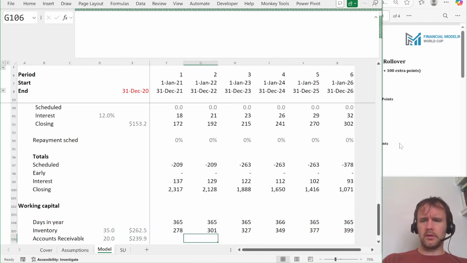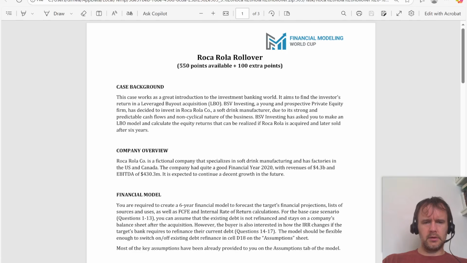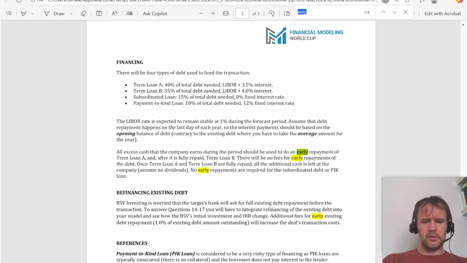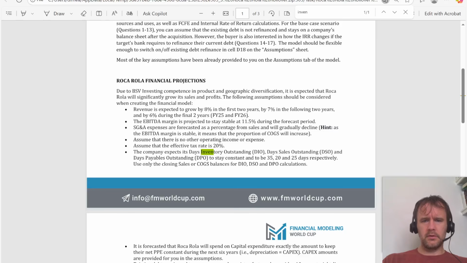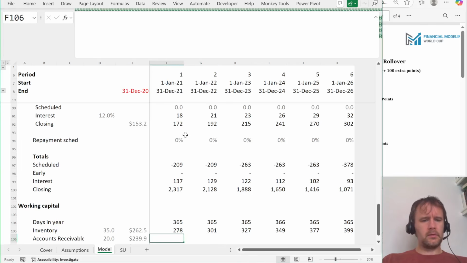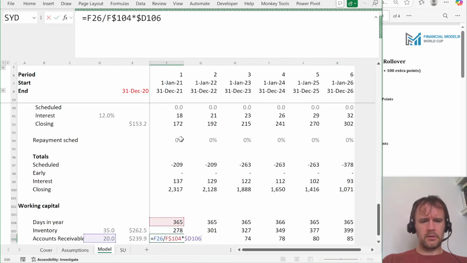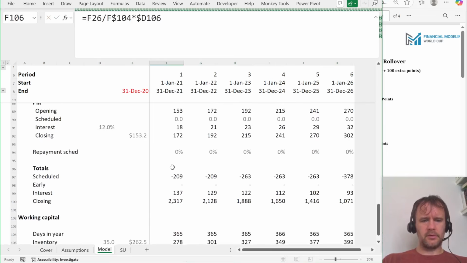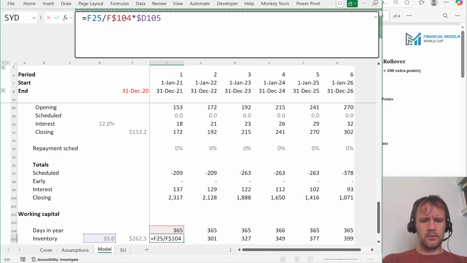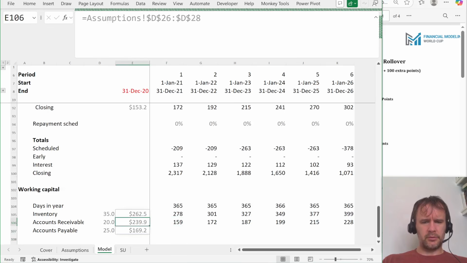And then accounts receivable, I think it did say inventory. Use only the sales or closing sales or COGS balances, fine. So then the accounts receivable is going to be the same formula. It doesn't look right. Oh yeah, because you didn't lock that, whoops. It still looks like a big jump from here to here.